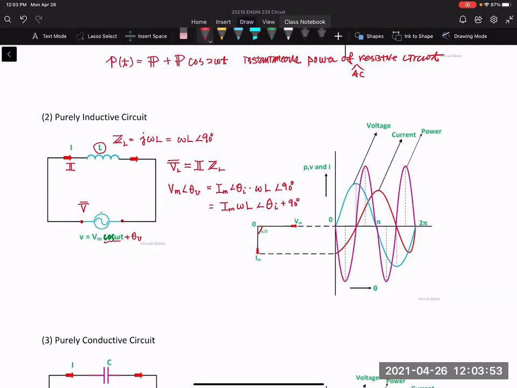So V sub m theta v equals I sub m omega L theta I plus 90 degrees, which means theta V equals theta I plus 90 degrees, or theta V minus theta I equals 90 degrees.